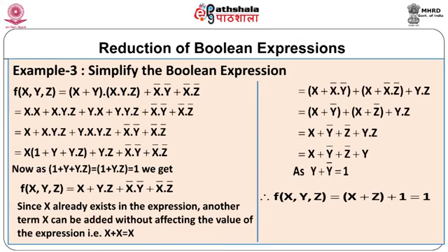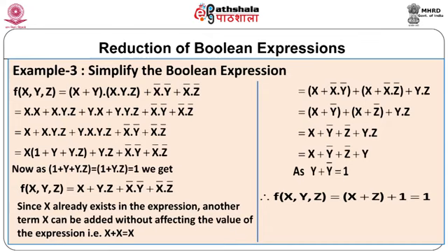The function is shown as a function of 3 variables x, y and z. The equation is given in the first line. Now, in the second line, we are just expanding the terms and then further simplifying it.